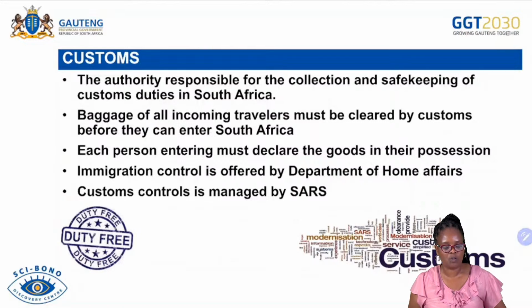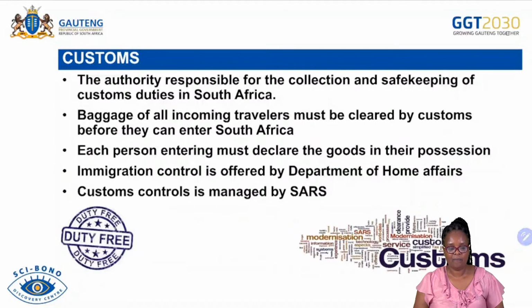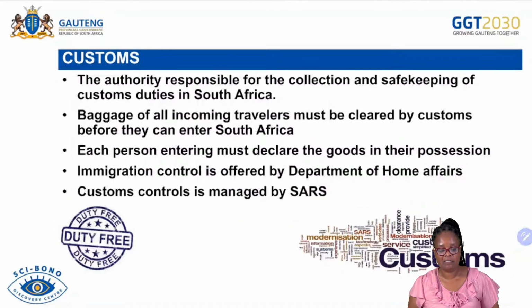We have immigration control, which is offered by the Department of Home Affairs here. So, grade 12 learners, the customs control is managed by SARS, the South African Revenue Service. So all incoming travelers, including the captains and the crew members of the airlines, have to have their baggage cleared.